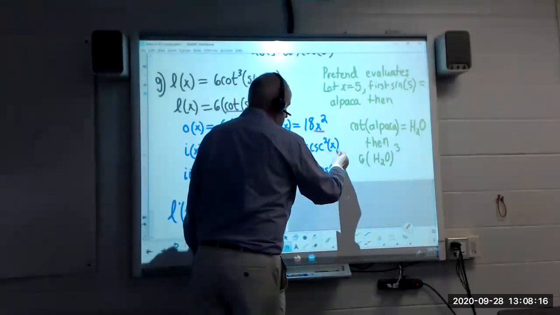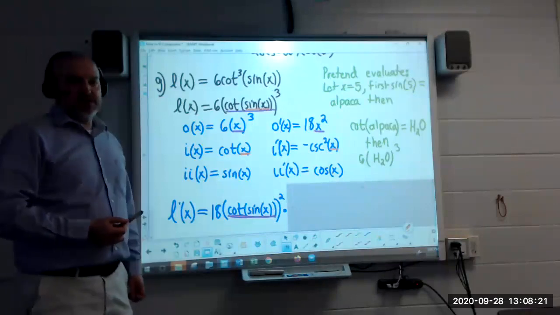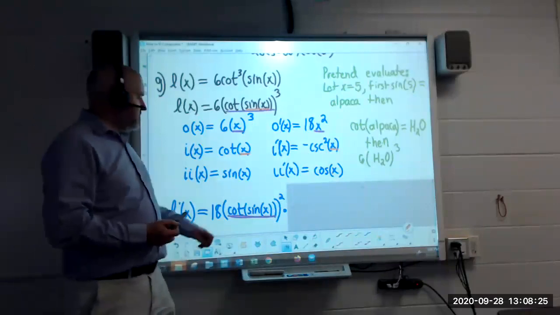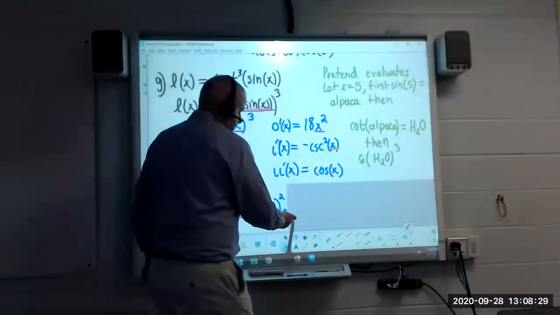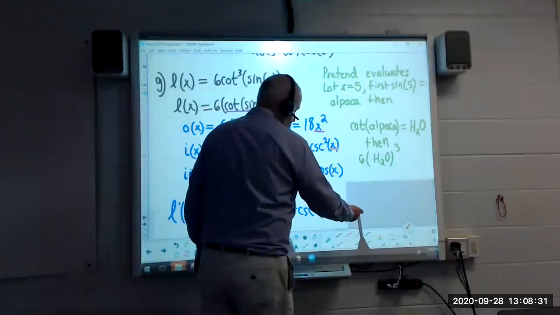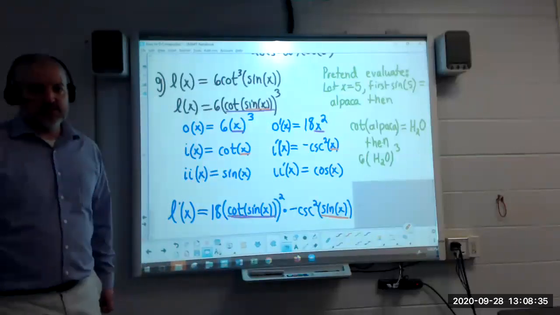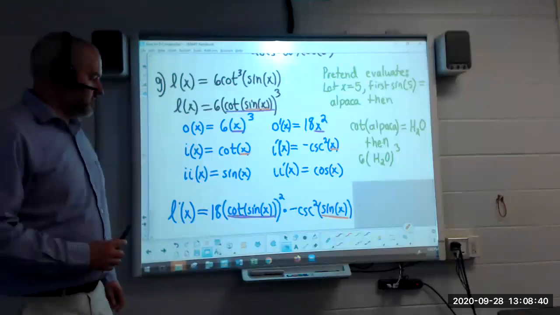And this x right here, the opposite of cosecant squared of x, that is also a sine of x. So when I write down the derivative of cotangent of sine of x, I have the opposite of the cosecant squared of sine of x. So we've done another level to the chain rule.